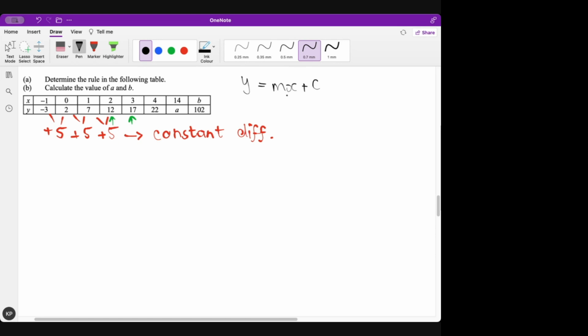Okay, so now we know it's a straight line graph, and we've chosen our two coordinates that we're going to use for the gradient. Those two guys. Great. Let's see. m is equal to y2 minus y1 over x2 minus x1. Which one is my y2?